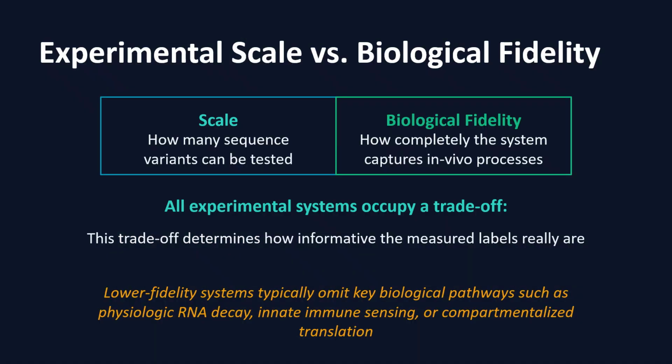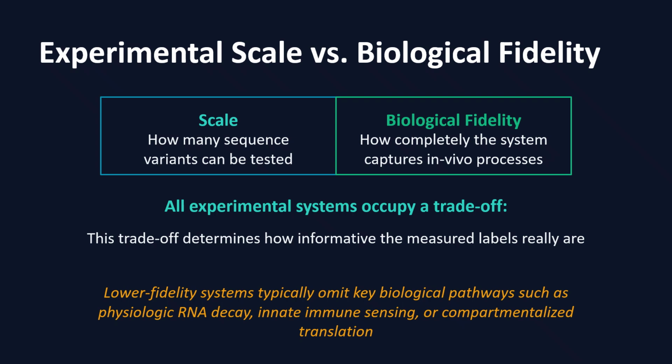And so all experimental systems sit on a fundamental trade-off between scale and biological fidelity. Scale means how many sequence variants we can measure, and biological fidelity means how completely the system captures what actually happens in vivo. When it comes to high throughput systems, they can test thousands or even millions of sequences, but they often simplify biology.